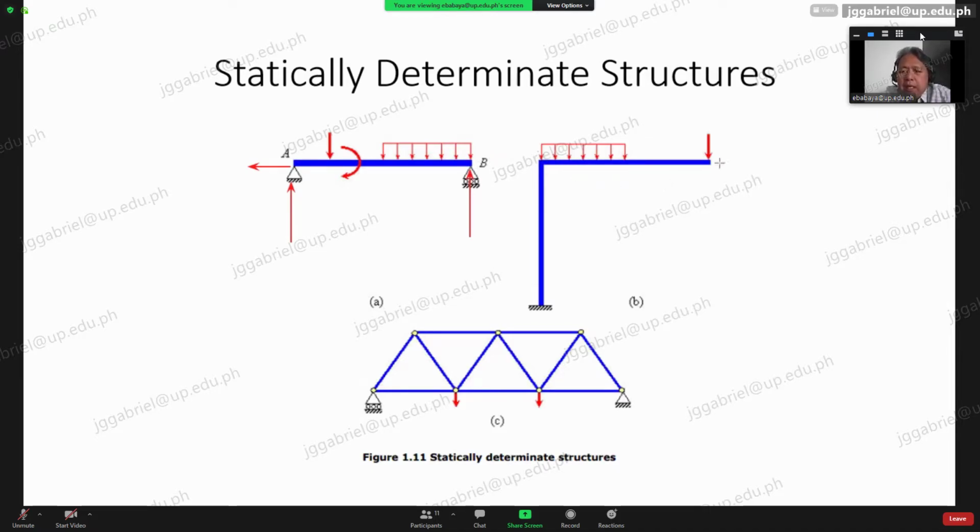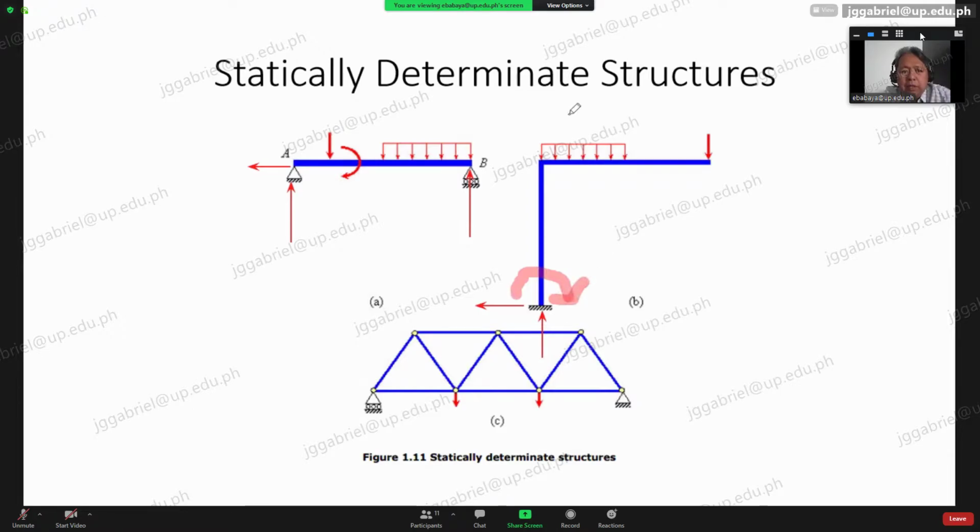Okay? Now, this frame is cantilevered, no, or fixed support. If it is fixed support, you have a vertical restraint, horizontal restraint, and a moment restraint. Okay? May moment restraint ka rin dito.